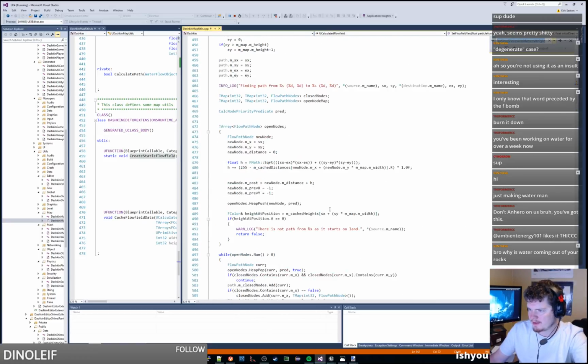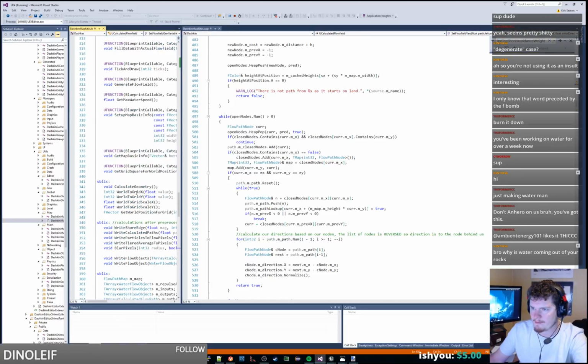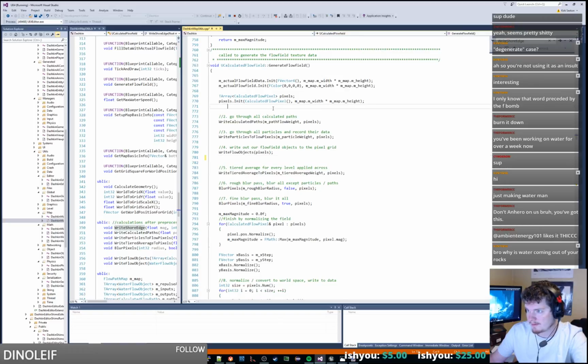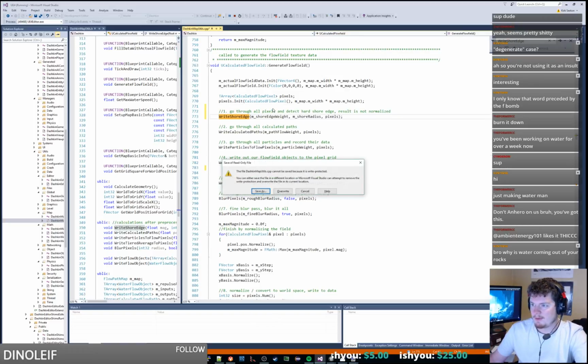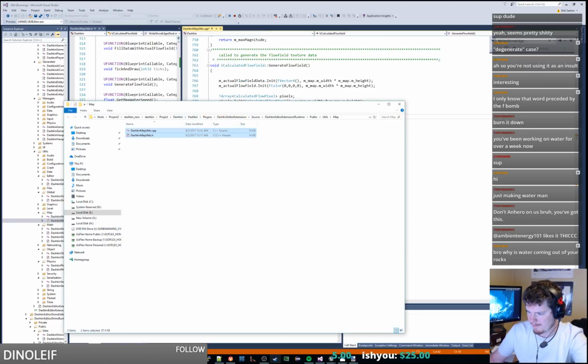So pathfinding didn't do a whole hell of a lot. So writing the shore edge after all this stuff, maybe we need to write the shore edge. I mean, we can go back to seeing what we can do.